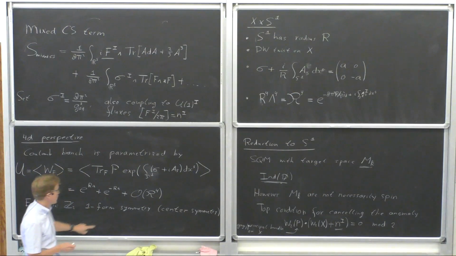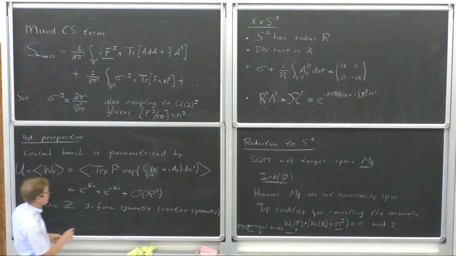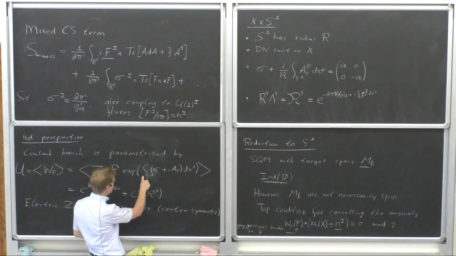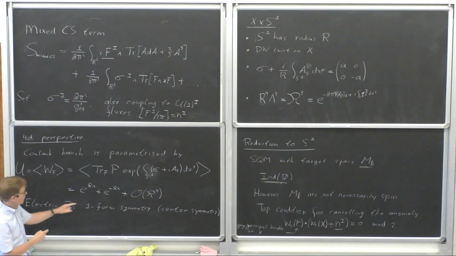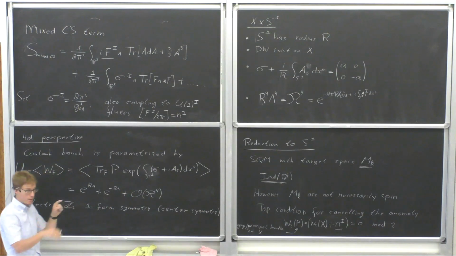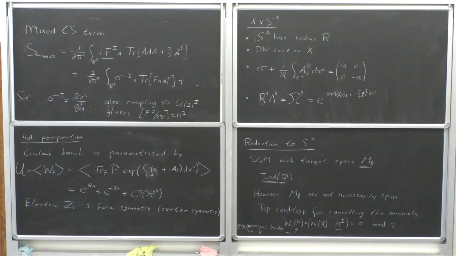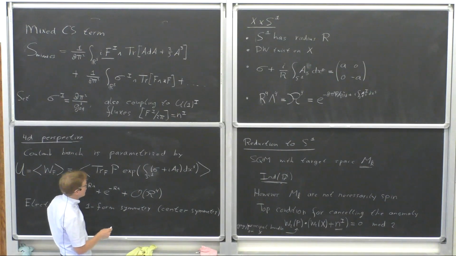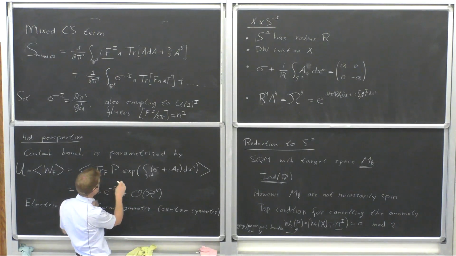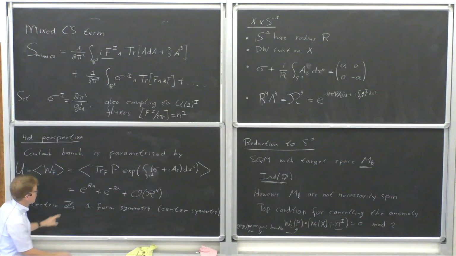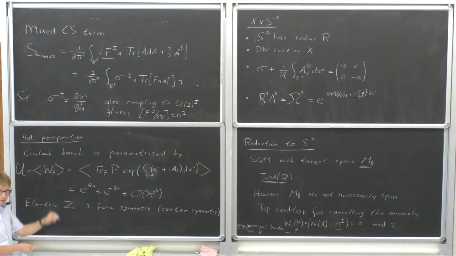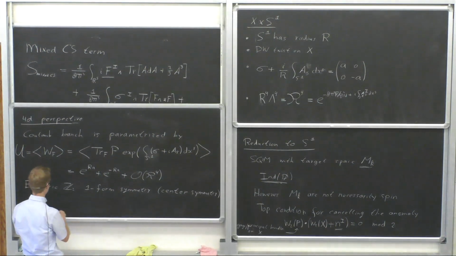One way to understand this symmetry is by doing a gauge transformation which is not periodic around the S1, but comes back up to an element of the center, which is just -1 for SU(2). Then the Wilson line changes by the center, so this u will change to minus u.